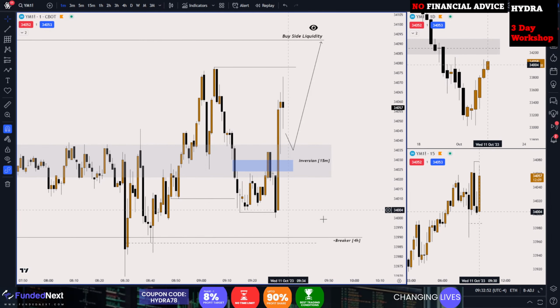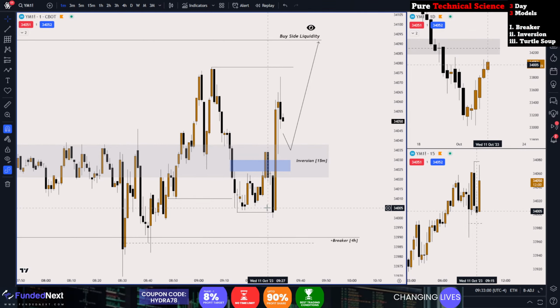Yes, price shows SMT here on Dow. You guys can see price cleared this level out, but on NQ price didn't. So that's SMT, right?